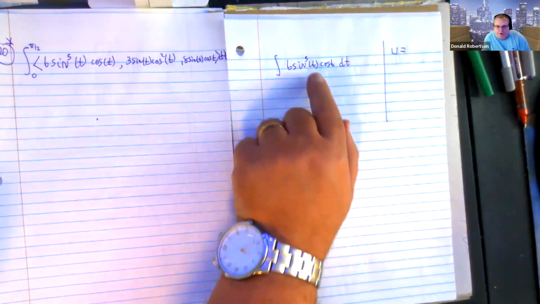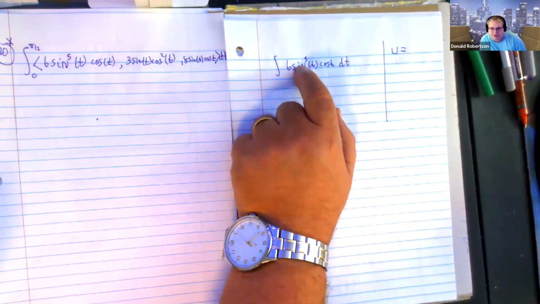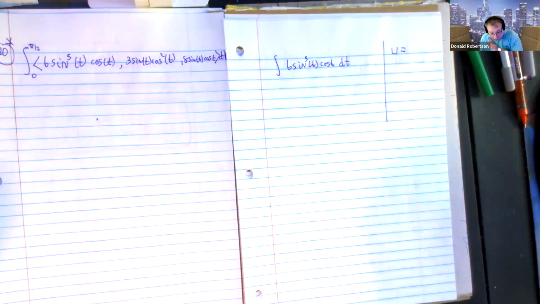When you do a u sub and the combination are sines and cosines, your u sub will always be one of two things. It's sine t, that's all, or cosine t. Pardon me. Sine t on its own or cosine t on its own. One of them works typically and the other one doesn't. That's as simple as that.